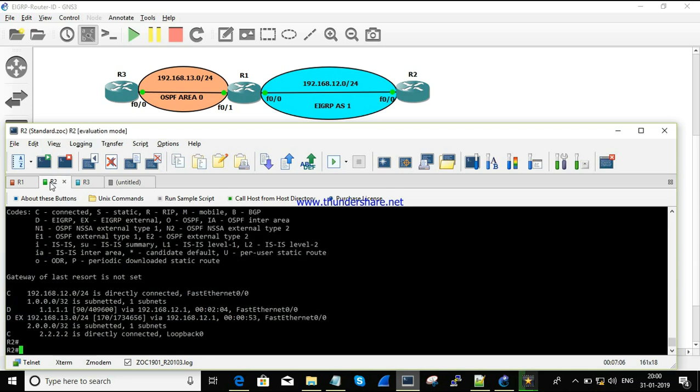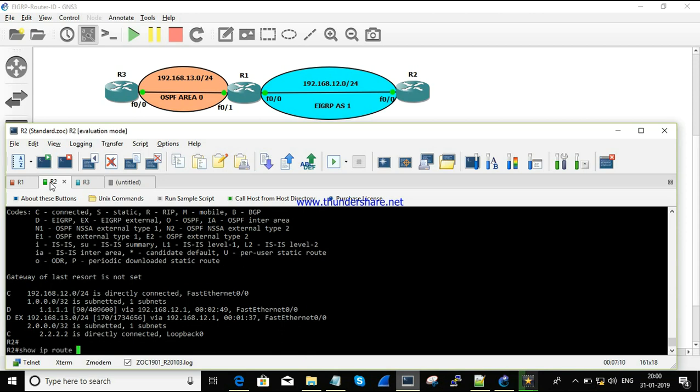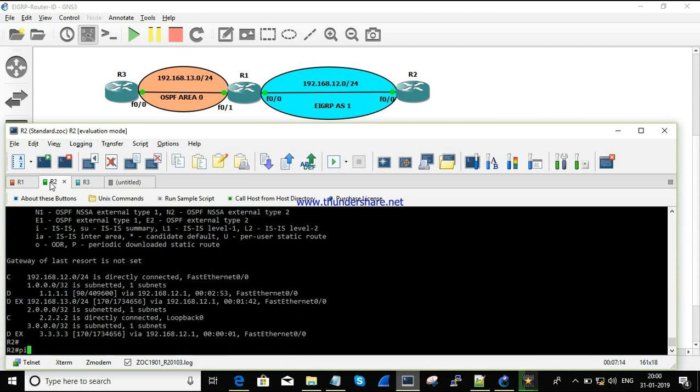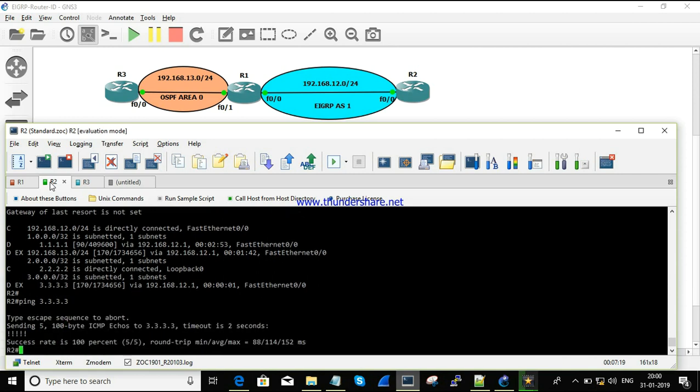Alright, so now I should see this network information in the routing table of R2. Yeah, now I got the information. Now I'm going to test reachability. Yeah, the reachability is also there. There's no issue in reachability as of now.